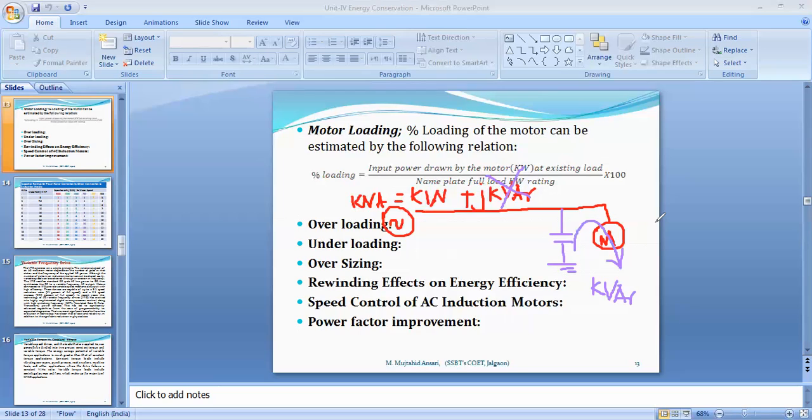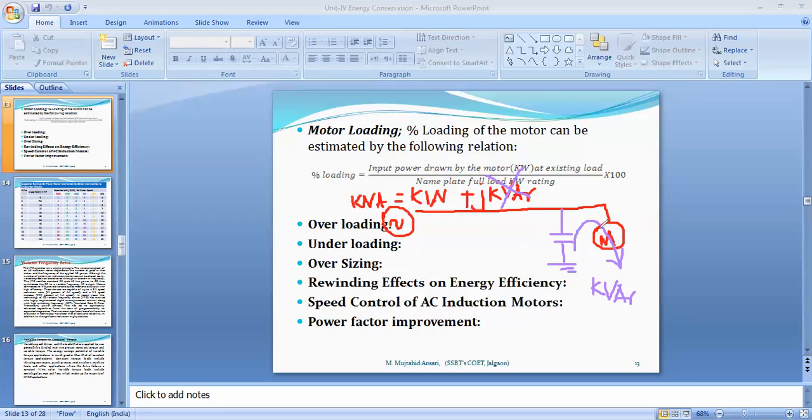Second, it will improve the voltage, as the voltage drop in the length of the cable is also eliminated. And the reactive kVAR is fulfilled by the local capacitor connected near the motor.